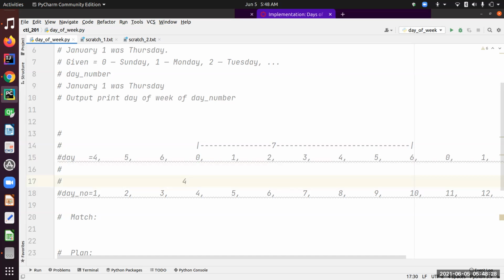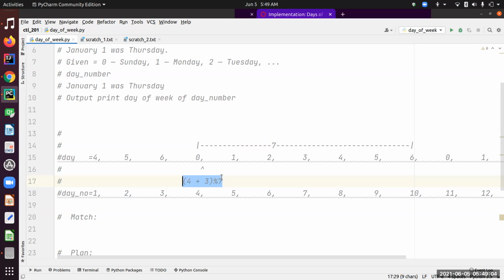I'm going to add 3. Now let's take the mod value by 7. 4 plus 3 is 7, and 7 mod 7 is 0.